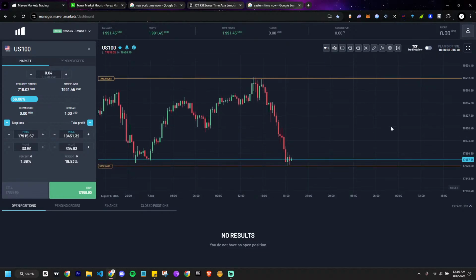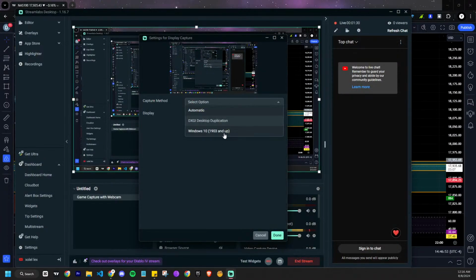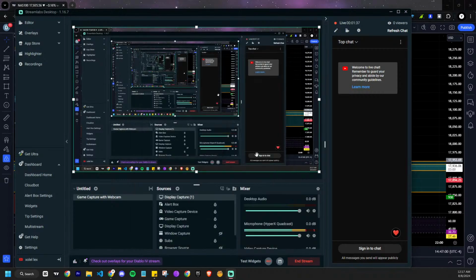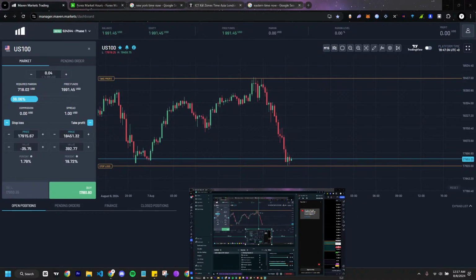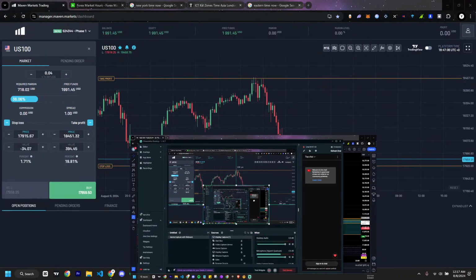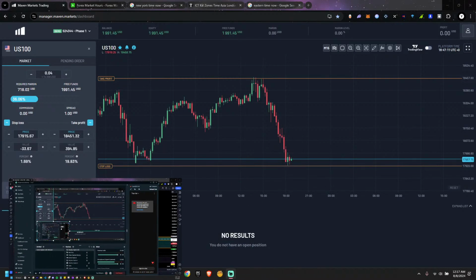As far as right now goes, I just need to get both of my screens on as soon as possible. And then I think I should be able to do this. Yeah, there we go. So now I gotta select my main screen. There we go. So this is my second screen. If you guys can see that, I'm gonna put this here, and that way you can see the lower screen and the higher screen.